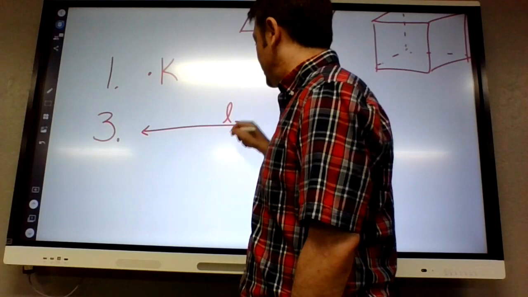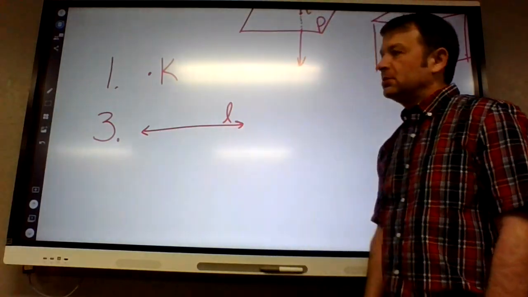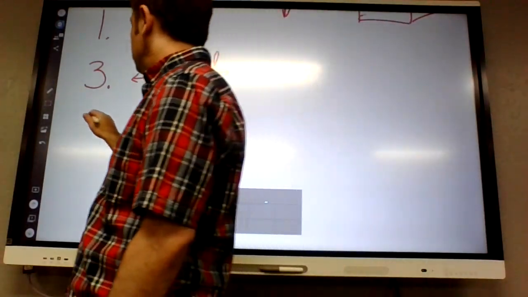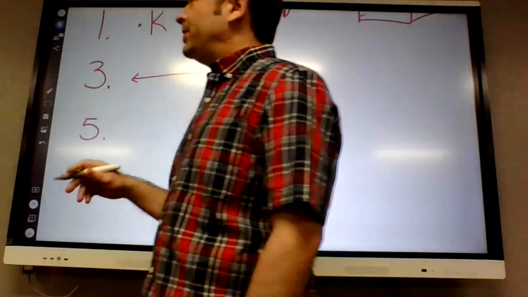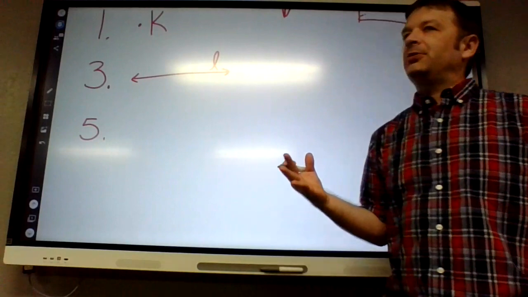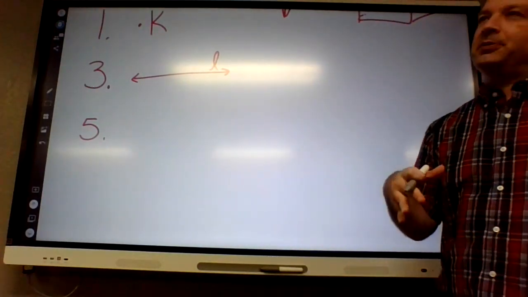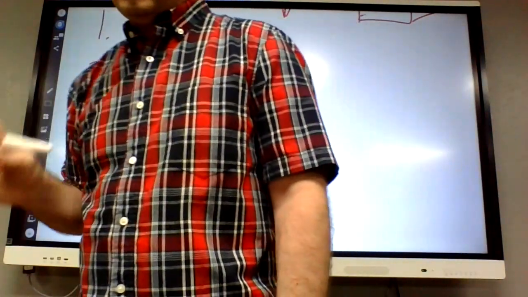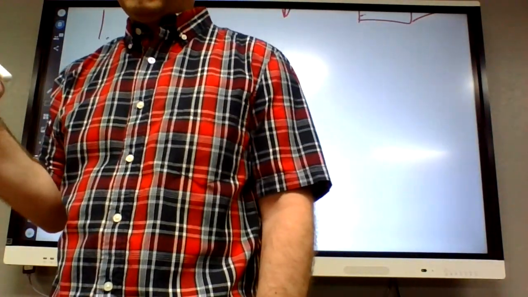I use a cursive L, or a capital L. Let's do the capital L. When they name planes and lines, they usually use lowercase letters so they don't look like points, which use uppercase letters. Not a big deal.